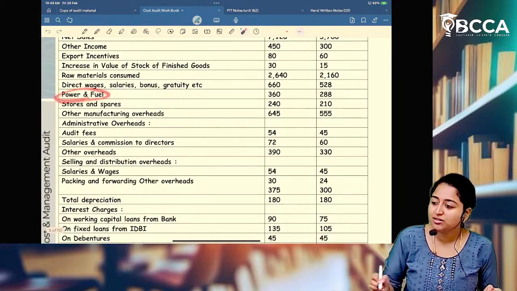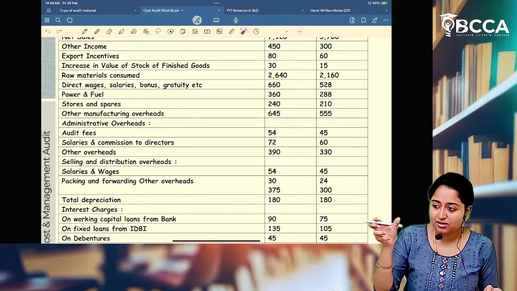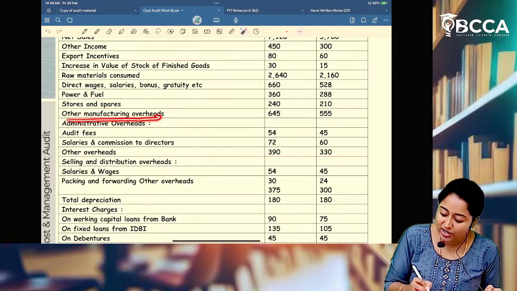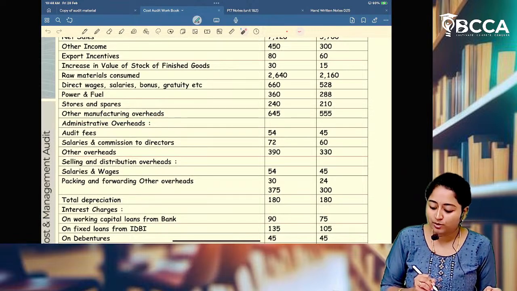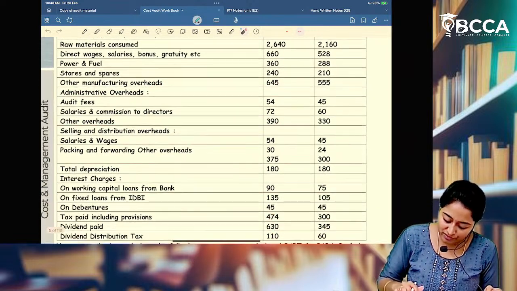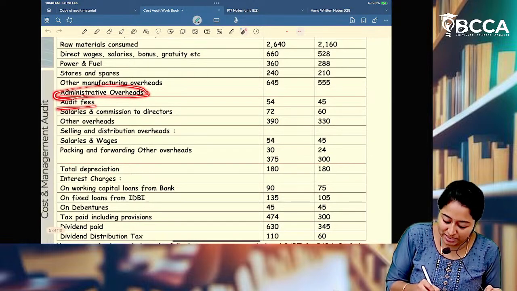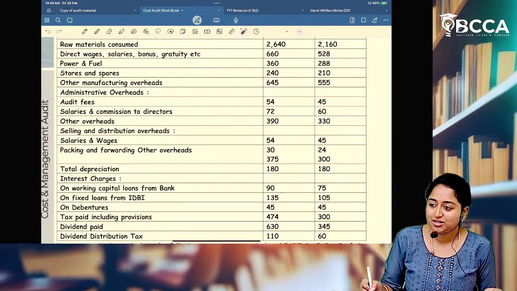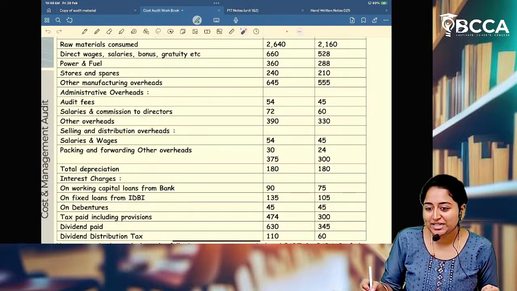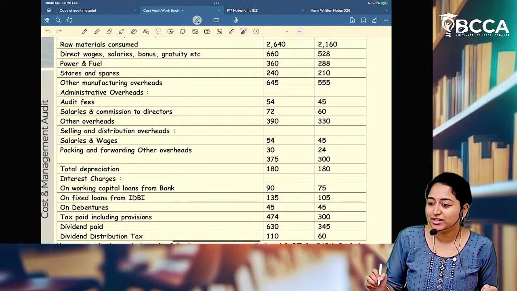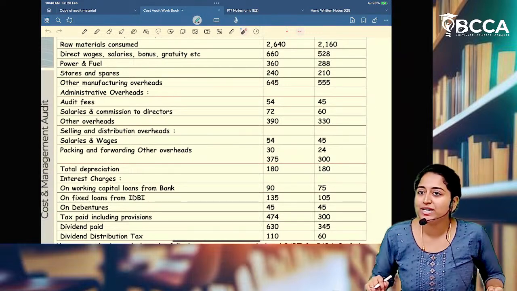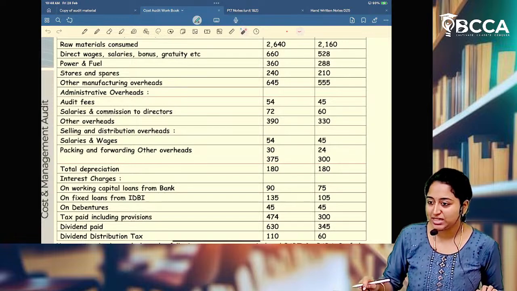Power and fuel, less cost of bought out inputs. Stores and spares, less. Other manufacturing overheads, you will also consider overheads to be. So 645 and 555. Administrative overheads. Here audit fees. Where you will take audit fees? No, audit fees will be taken in the value addition only, like less cost of bought out inputs. How? I'll tell you. See, employees are working in our own company, isn't it?